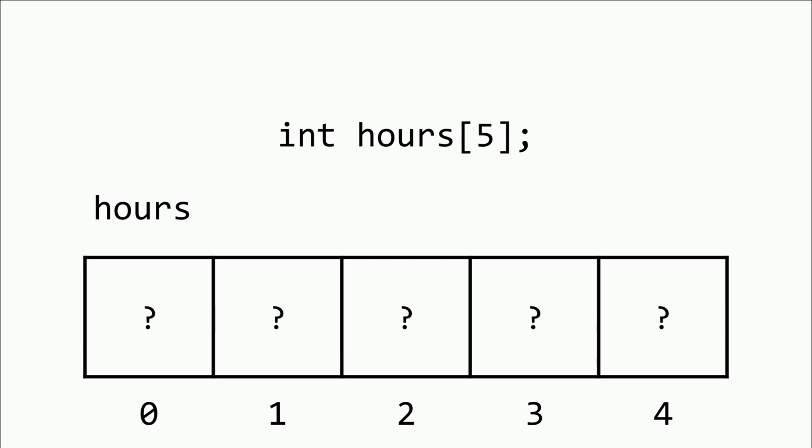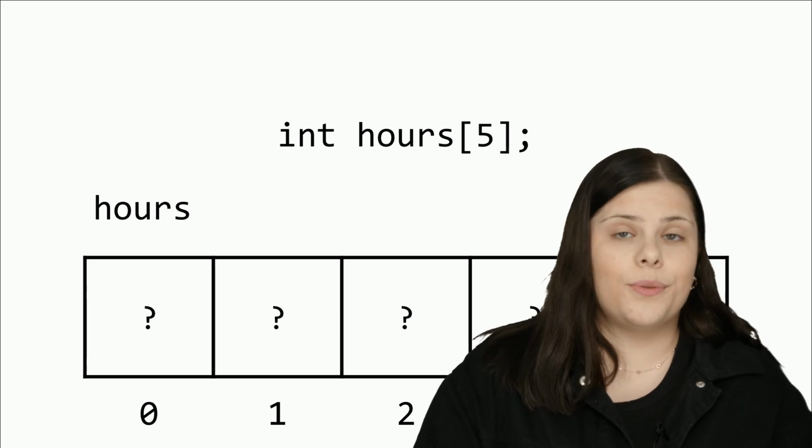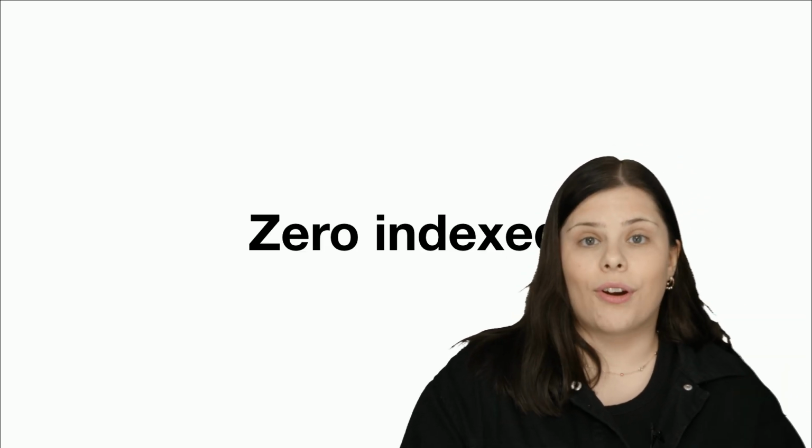So for example, if I wanted to grab the first value in array hours, I would say hours square brackets 0. And this is another thing about arrays in C, and in computer science in general, that we're now learning: it is zero indexed, right?